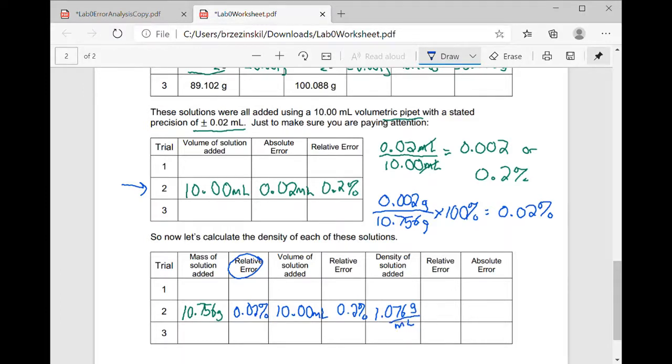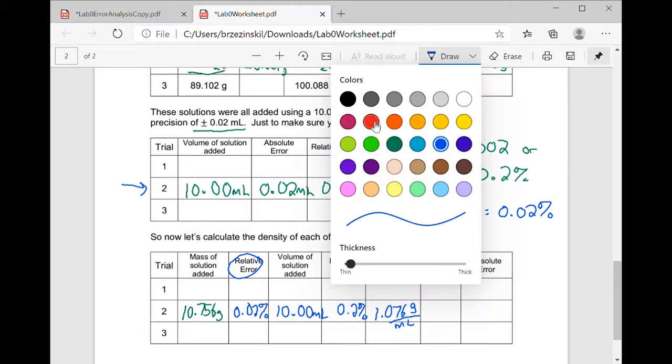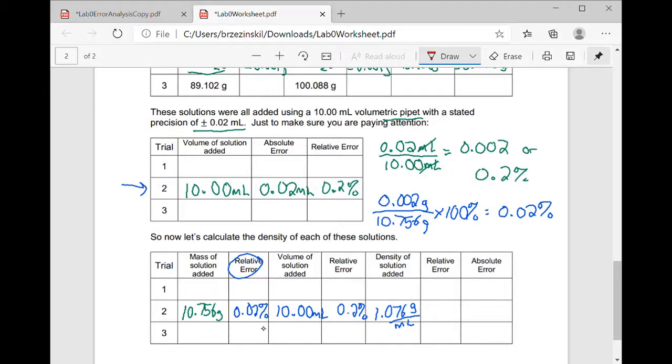And the relative error we would get from adding the two relative errors, so adding the 0.02 and the 0.2. Remember, when you divide or multiply, your relative errors add. So that gives us 0.22%.